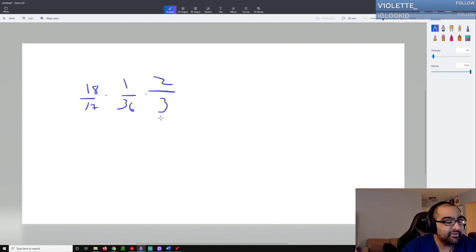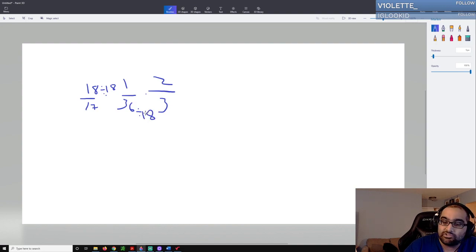Now there's a couple ways you can handle this problem. First things first, we can divide 18 and 36. 18 and 36 actually go in together 18. So you could actually divide by 18 here.